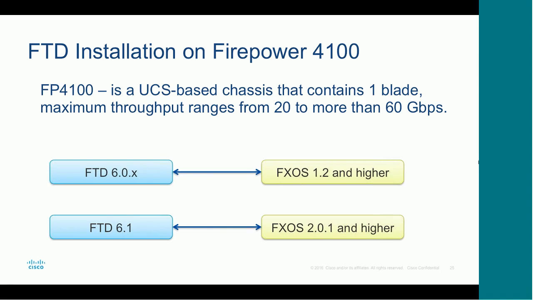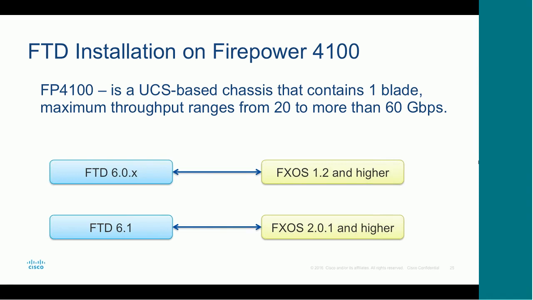The Firepower 4100 uses two basic types of images, which are platform bundles and applications. A platform bundle is its own operating system on the supervisor, called the Firepower Extensible Operating System, or FXOS, and an application image is the software image you want to deploy on the security engine.